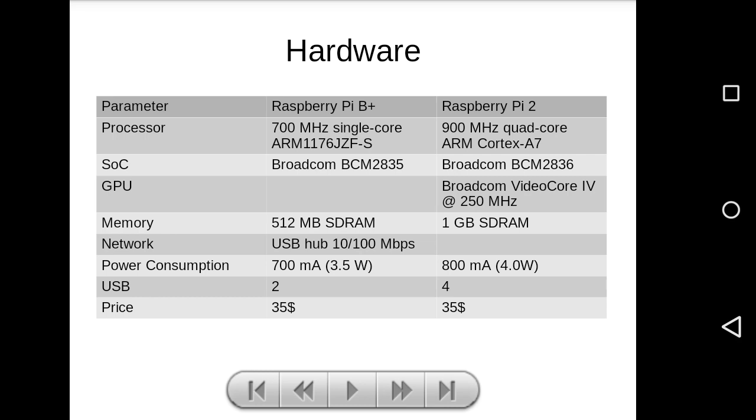It is the first version of Raspberry Pi. B plus is the second version, you can say, and this Raspberry Pi 2 is the third on that platform. Okay, so these are the comparisons, and the price is the same, so no problem there.